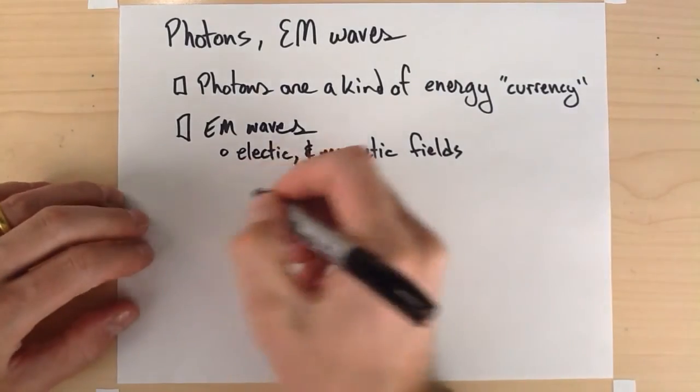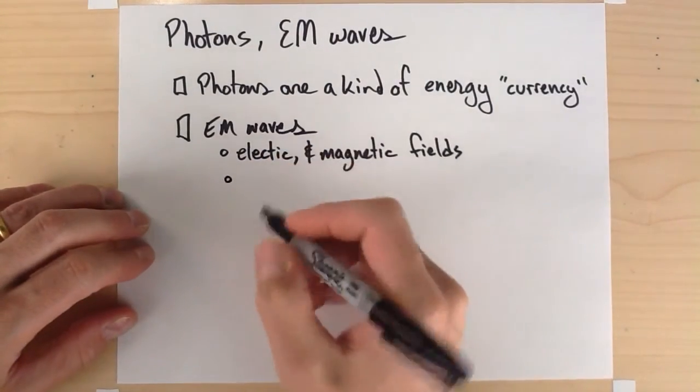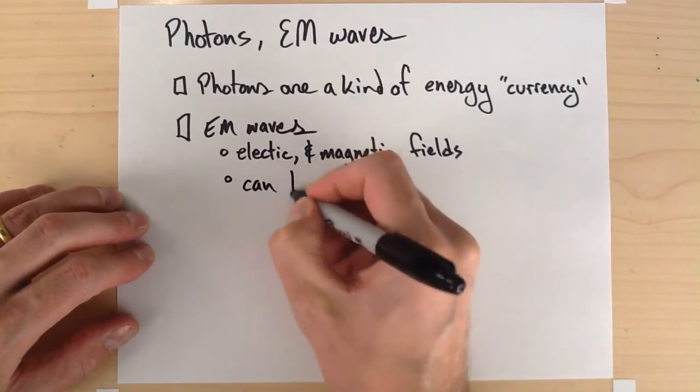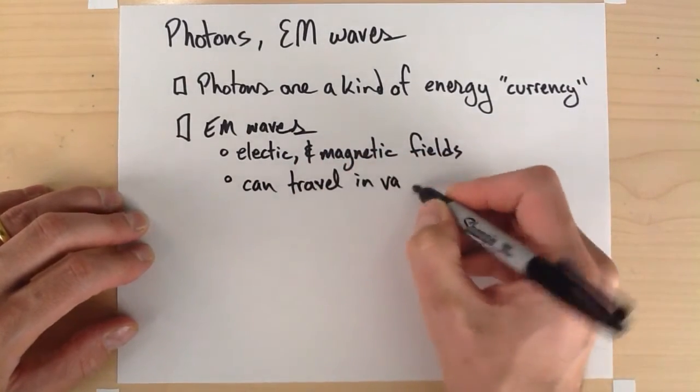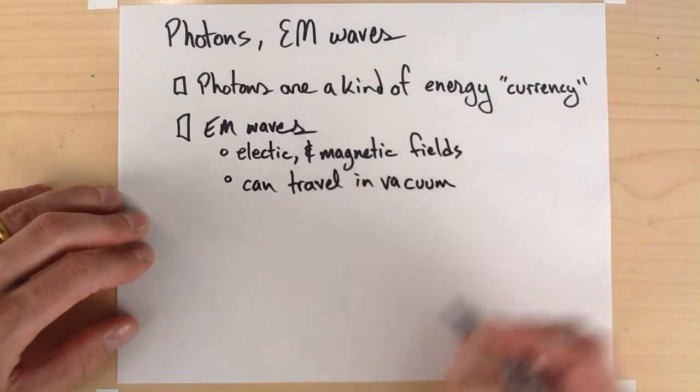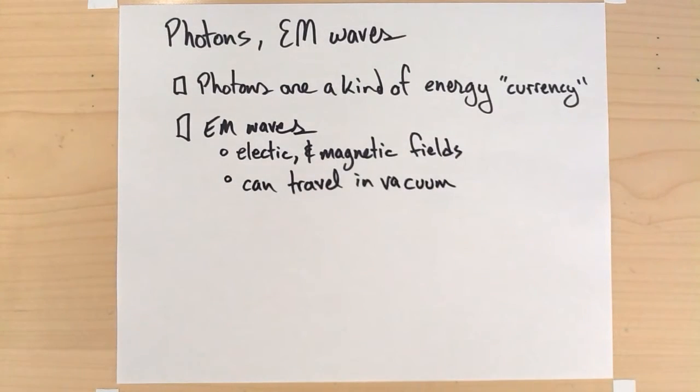In addition, we know that electromagnetic waves and photons can travel in a vacuum. And that's a really special thing because almost no other kind of waves can travel in a vacuum.